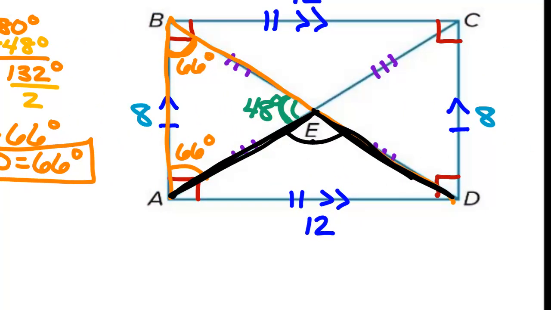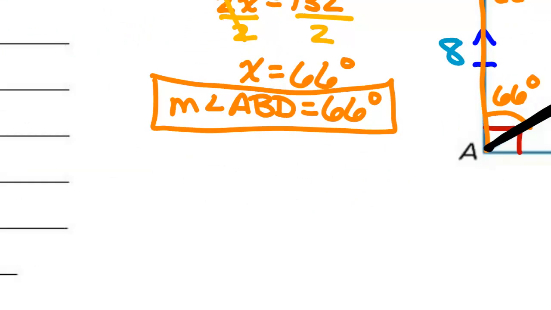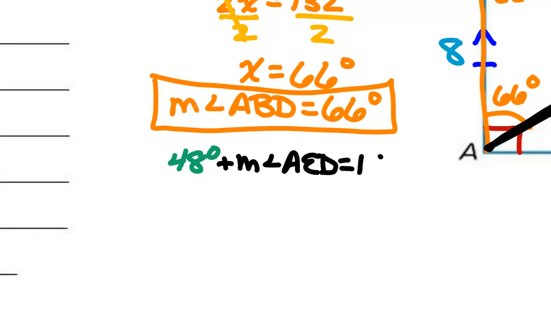So I know that together they're going to add up to 180 degrees. So I can say 48 degrees plus the measurement of angle AED equals 180 degrees.